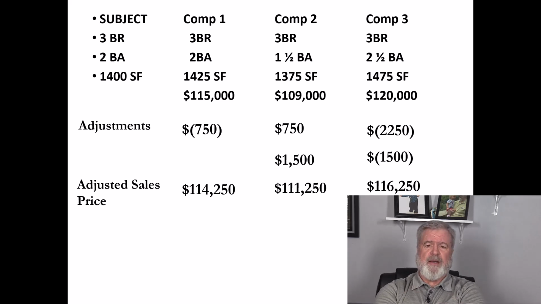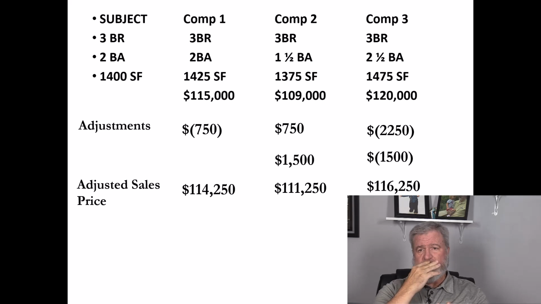So in this example, there's really not a huge difference between the actual sales price. For example, comp 1 actually sold for $115,000. But after adjustments, we're only looking at $114,250, which is not that big a difference.